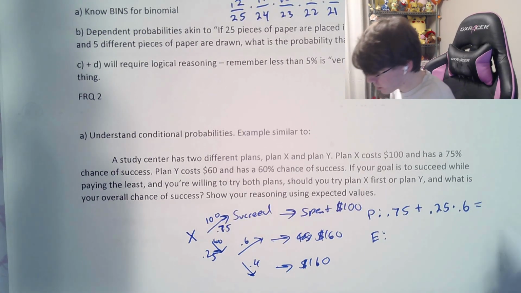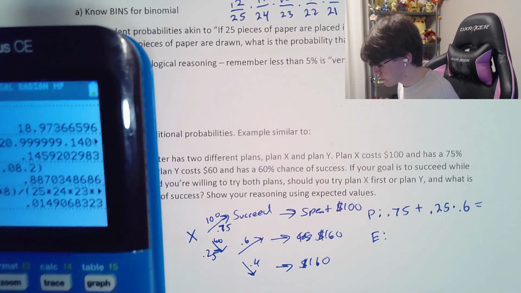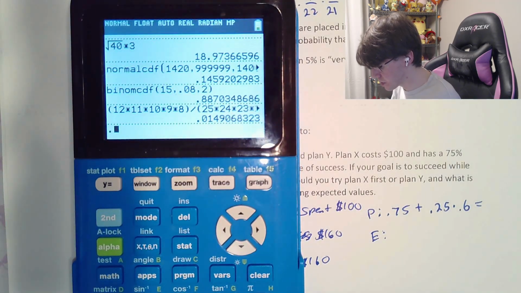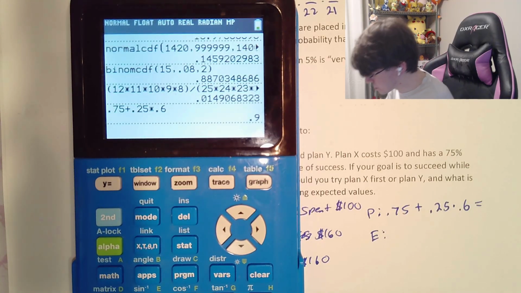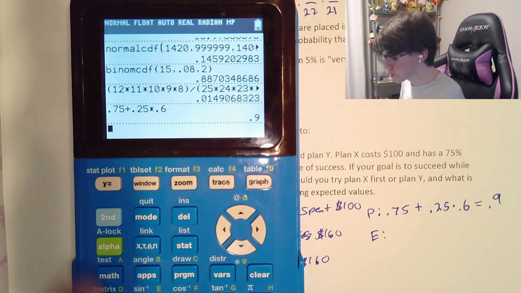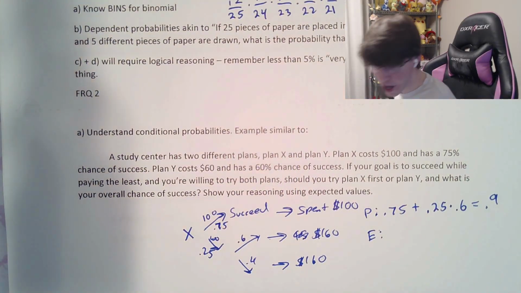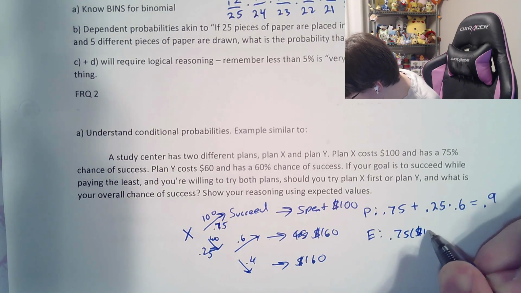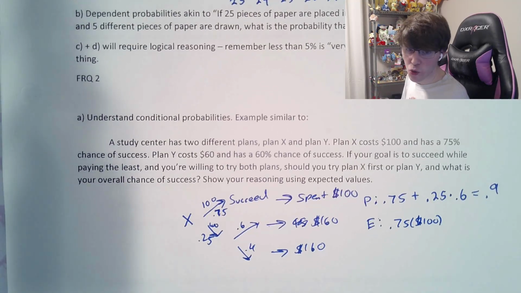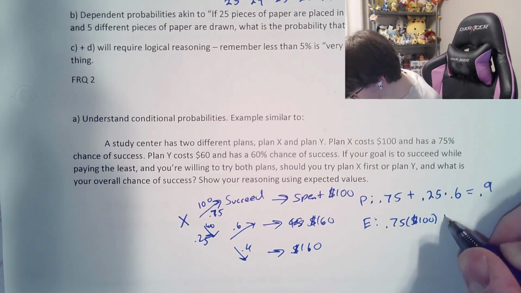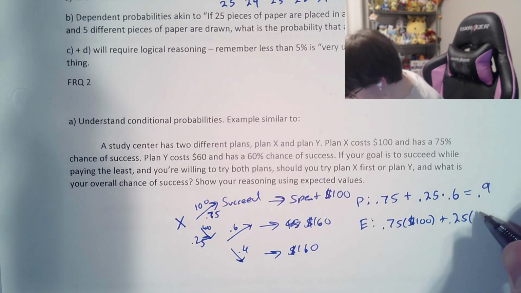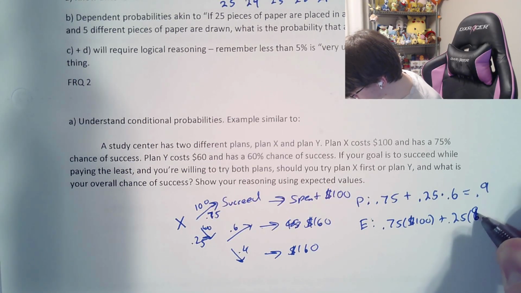So adding these up on our calculator, can I do that in my head? Should be 0.9, I'm pretty sure, but I want to double check. So it's going to be 0.9. And your actual expected value is, well, 75% of the time you will end up spending $100, and 25% of the time, regardless of whether you succeed or fail, you will end up spending $160.